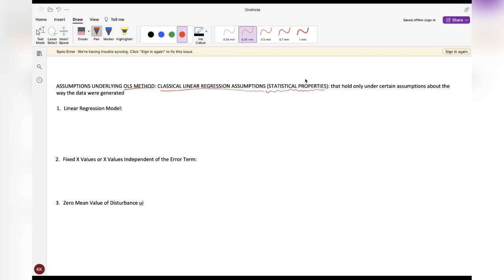Now, we know that our yi is a function of xi as well as our error term, right? So the statistical properties are related to how the data was generated, meaning they are related to the properties of our xi's and our error terms, right?